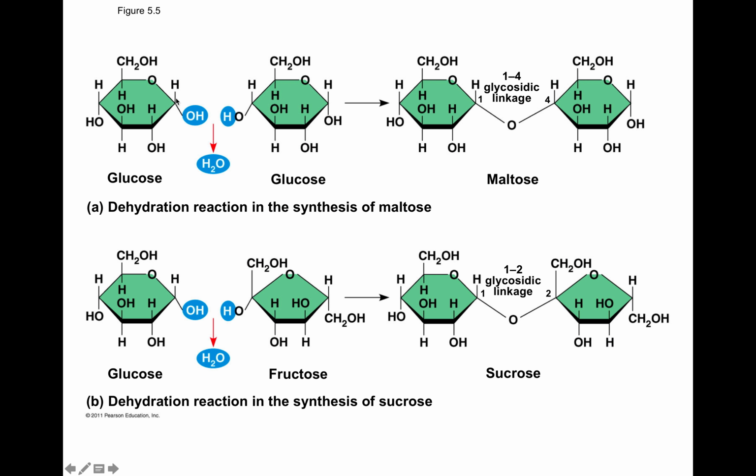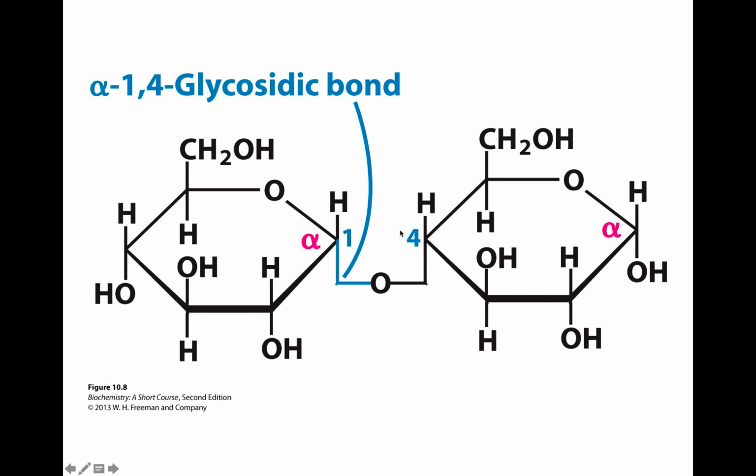If we look here at this glucose, this would be an alpha, right, because it's down in correlation to the oxygen in this particular format. And so this is going to be our alpha. And actually, there's a better picture right here. So here we have an alpha. Again, this is where that OH group was, and this is how that glycosidic bond is going to be formed.